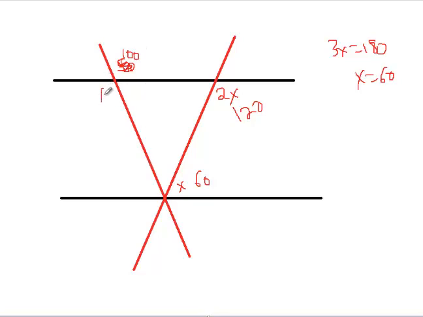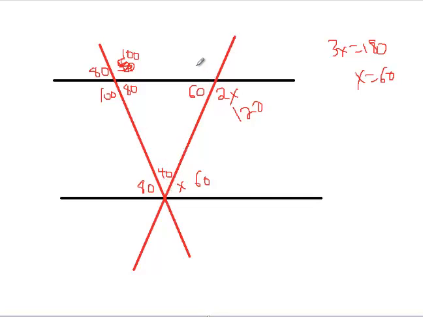Anyway, so if this is 100, that has to be 100, so that has to be 80, so this has to be 80, because it's alternate interiors with this, which means all these three have to be 180 altogether, and 80 plus 60 is 140, so there's 40 left in here. This, of course, well, this is 120, so this has to be 60. All three angles have to add up to 180, which they do.